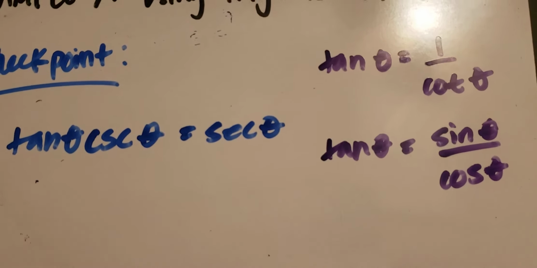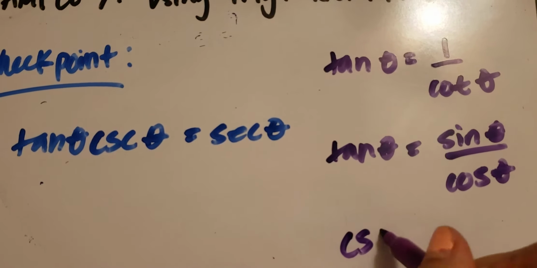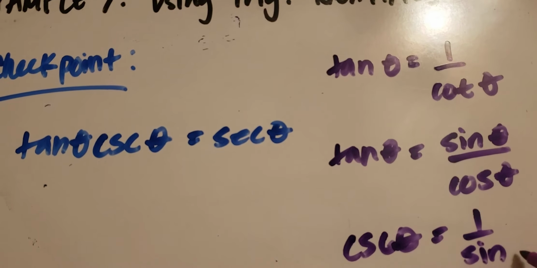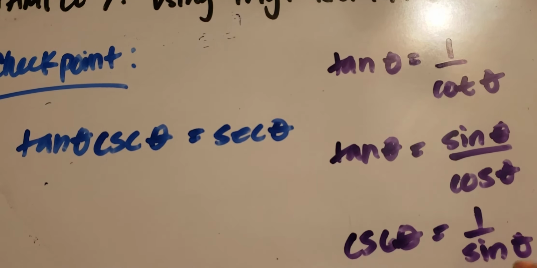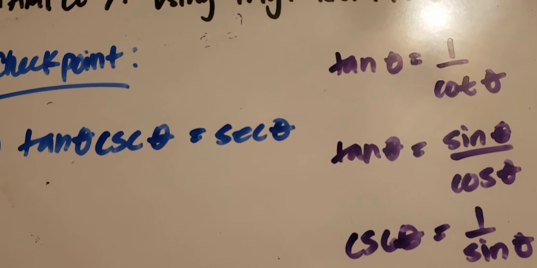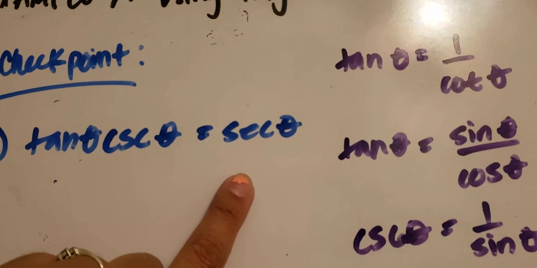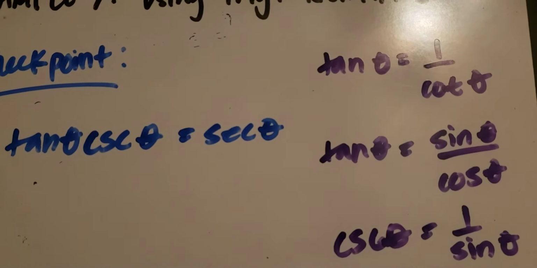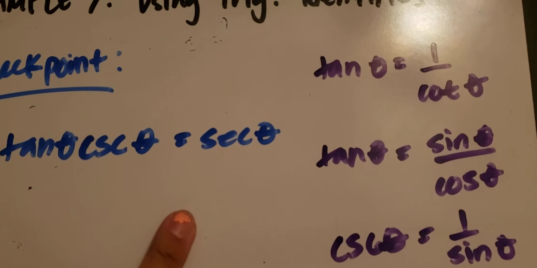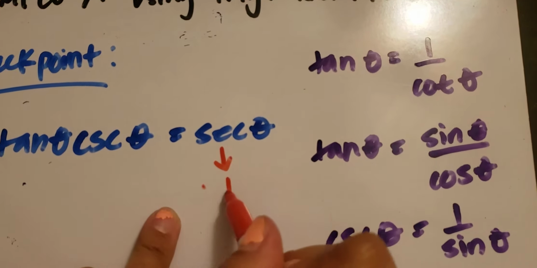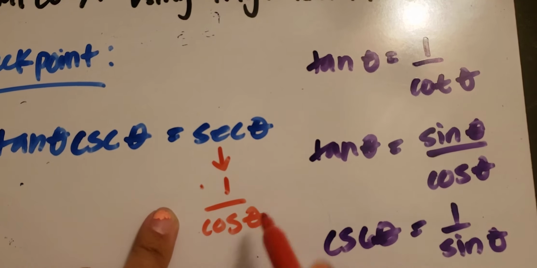I'm also given in the book that cosecant of theta is equal to 1 over sine theta. And we know that secant theta is the same as 1 over cosine theta.